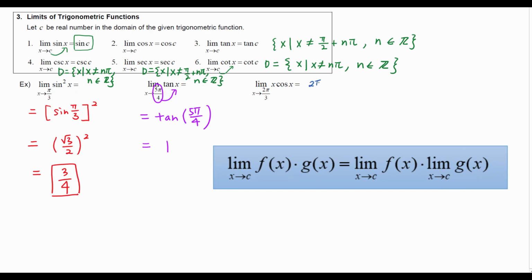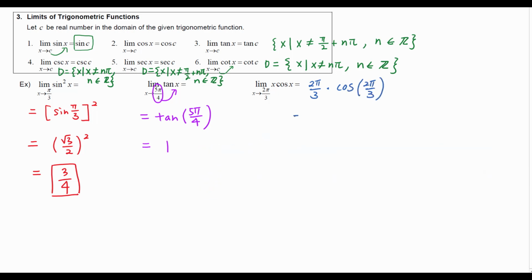So 2 pi over 3 times cosine of 2 pi over 3, which is negative 1/2. And when you multiply these two fractions, we need to cross cancel. So these two and these two cancel. Positive times negative is negative. I get negative pi over 3.